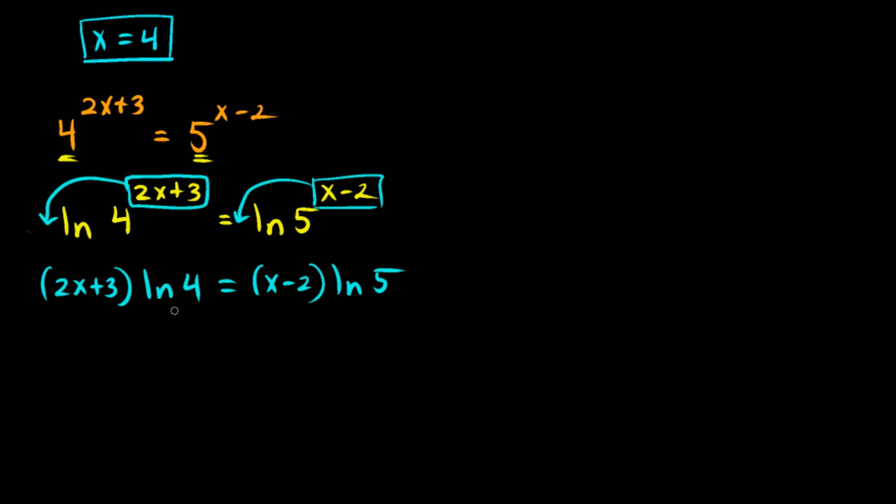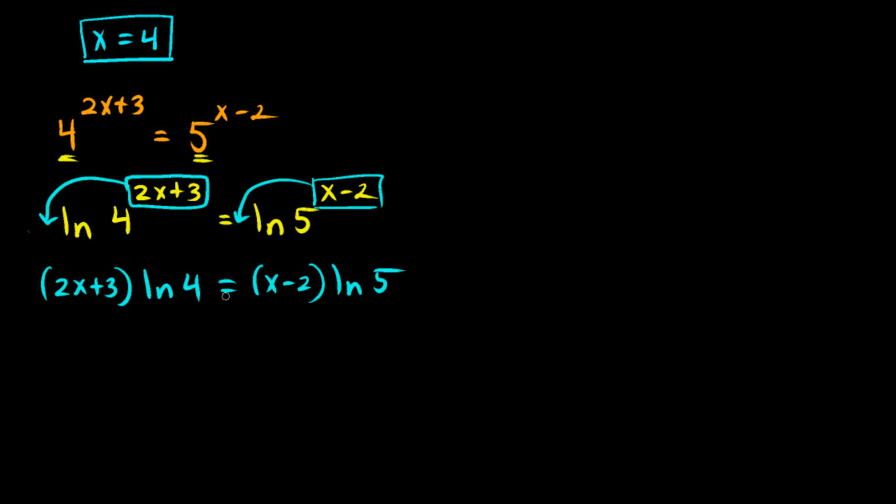Now that we have this, we could either divide both sides by ln 4 to cancel it here, or divide both sides by ln 5, or we could just write down the decimal approximation of ln 4 and ln 5.